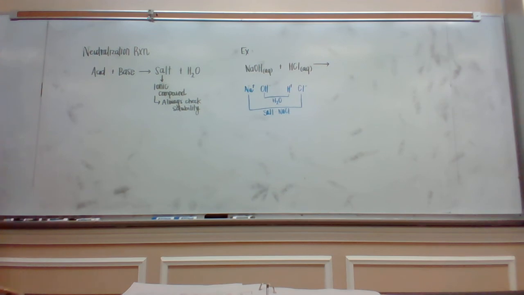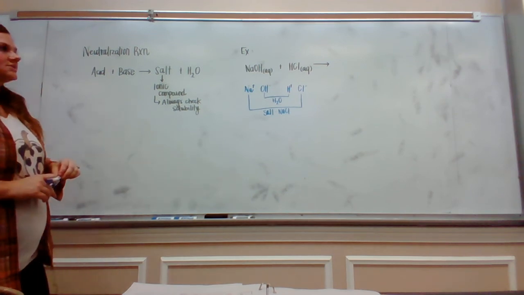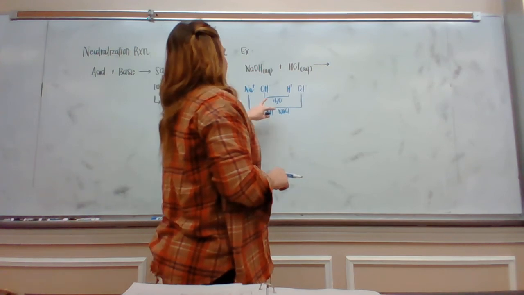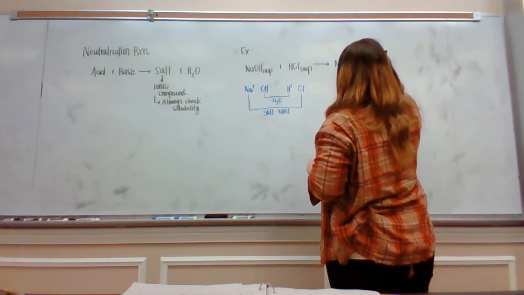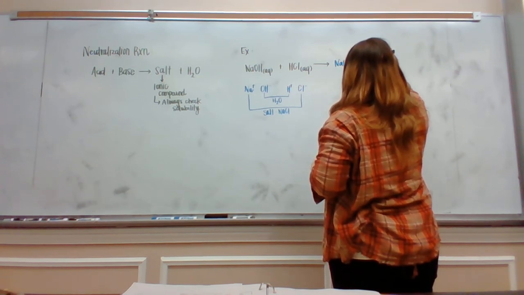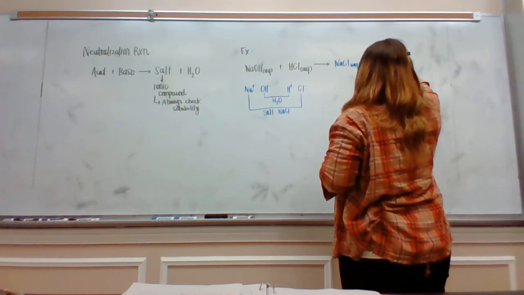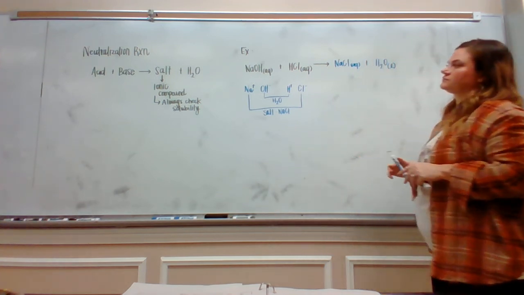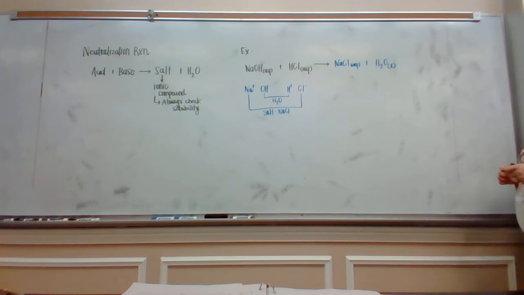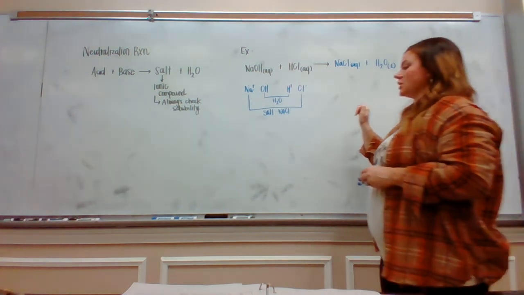NaCl is soluble, so it's aqueous. Okay, so those are my two products. I'm going to write them in. And then I would balance it if I needed to. It's already balanced.